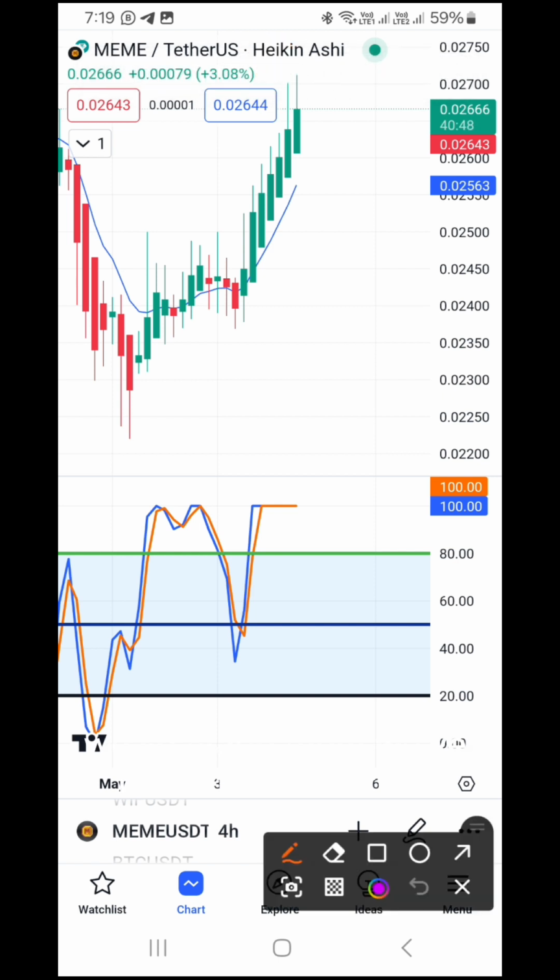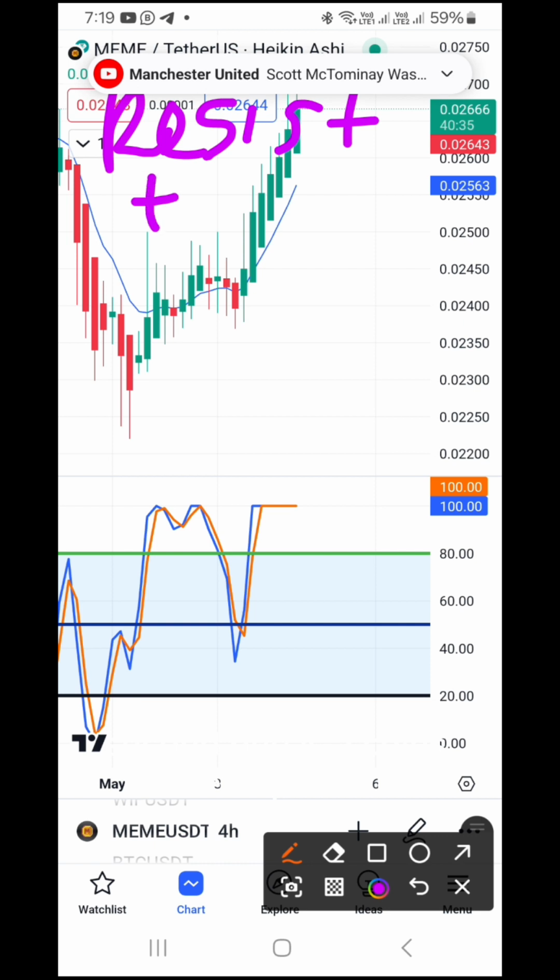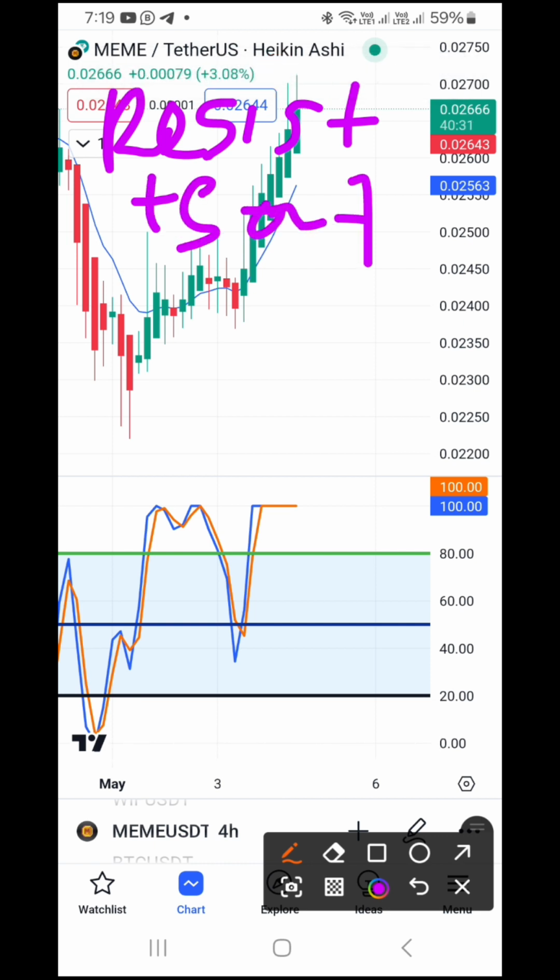Can I repeat them? First one, resistance block tested multiple times. Second one, coins between plus 5 or 7. You have the 50 EMA below the green candle.